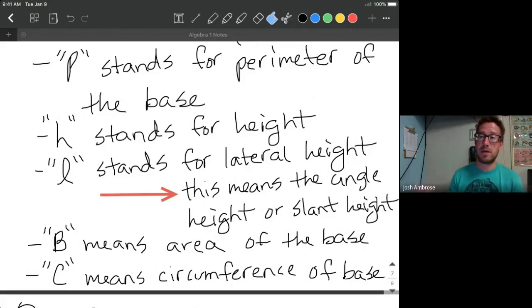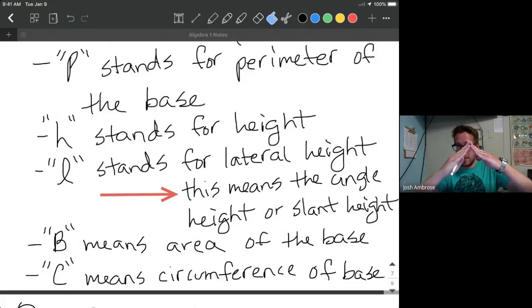H, that is a lowercase h, stands for the height of the shape. All right, then you're looking at a cursive lowercase l. I know, it might seem, why is it cursive? Why is it lowercase? But it stands for what's called the lateral height. Another thing you could think of, maybe this means to you the angle height or the slant height.